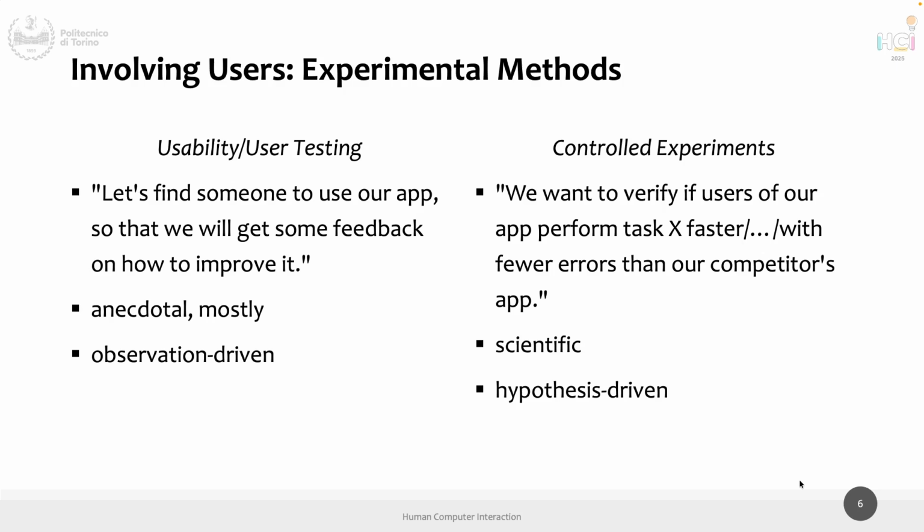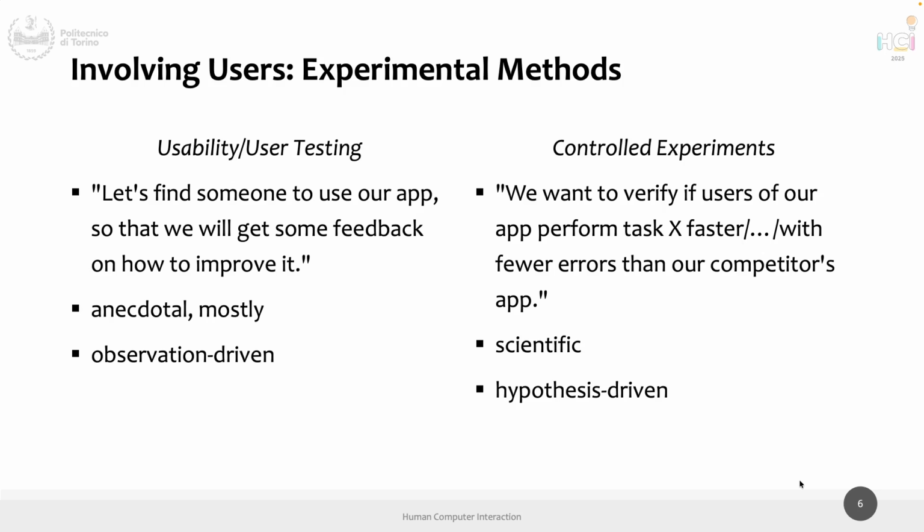So you want to measure in a very specific way some very specific attribute between two versions of an application. Two versions of the same application, or two applications that do the same things. Like I want to compare, I don't know, if navigating with Google Maps is faster or with fewer errors than navigating with Apple Maps.